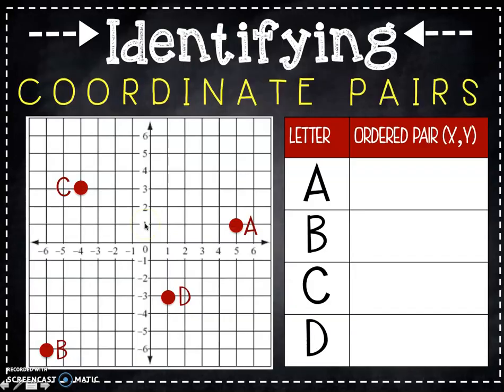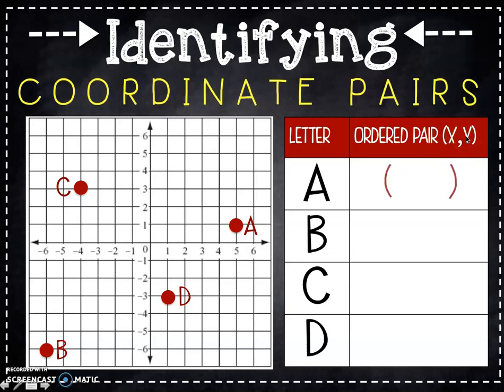Okay, next thing we're going to look at is identifying coordinate pairs. So a lot of times what you're going to have is something that looks like this, where you've got some points in the coordinate plane and you have to tell me where they're at. So if we look at A, we are going to write the ordered pair for A. Now anytime you're writing an ordered pair, you're going to have these parentheses, because that tells us it's an ordered pair. You're going to have your x first, a comma, and then a y.